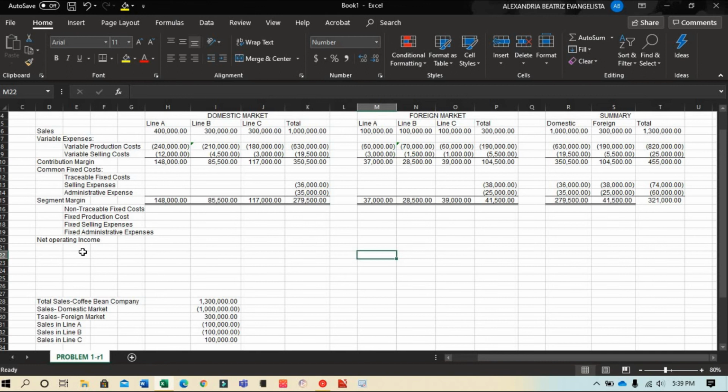So based on the income statement for the first month of 2020, we have cost of goods sold, which is $1,010,000. Okay, so as we all know, under the cost of goods sold, both variable and fixed production costs are present.